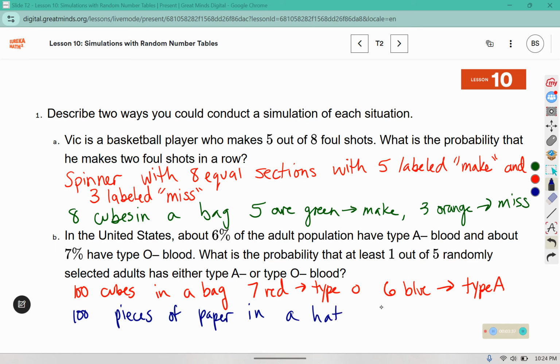You could label 6 of the papers with type A, 7 of the papers with type O, and the remaining could be blank or some other letter. And then you would pull 5 pieces of paper out of the bag. One of them would need to be labeled A or O in order to count it as a success.